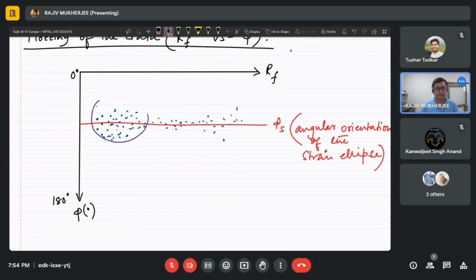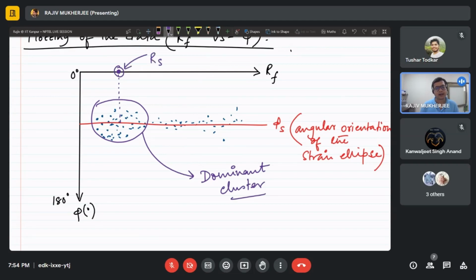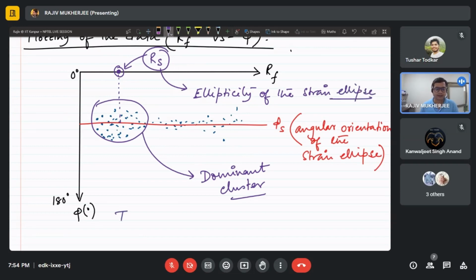I pick the average value of this dominant cluster and simply extrapolate this value to the axis. Whatever average value I get, this is RS, which is the ellipticity of the strain ellipse. Now this value of RS is the magnitude of strain in this case.